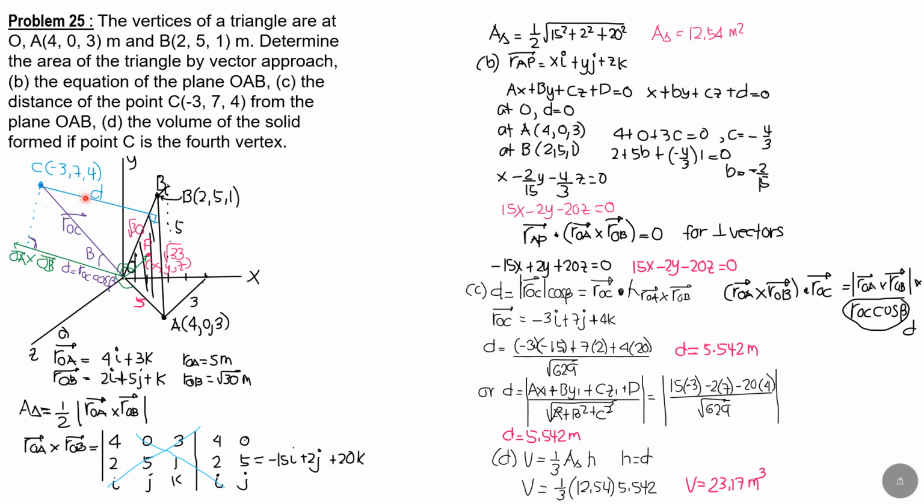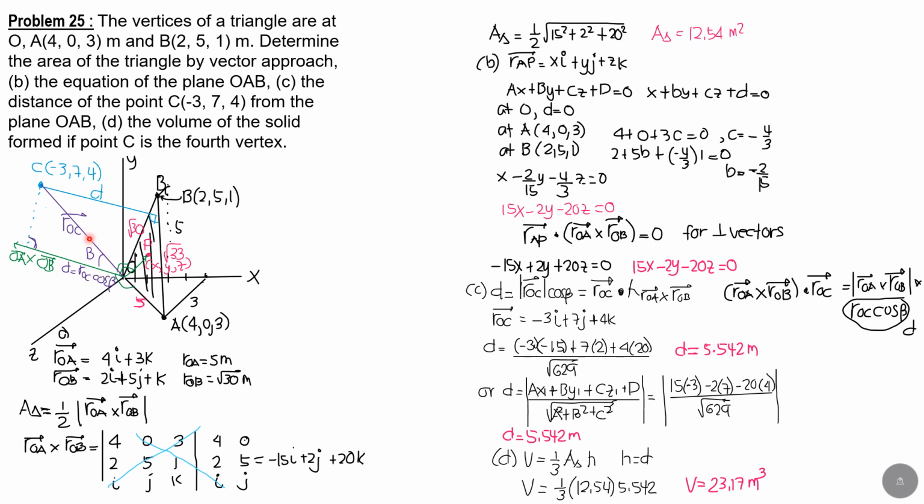That's the perpendicular distance D. So we imagine that there is a right triangle here. The component of ROC in this direction is this perpendicular distance D. Of course, that's a right triangle.